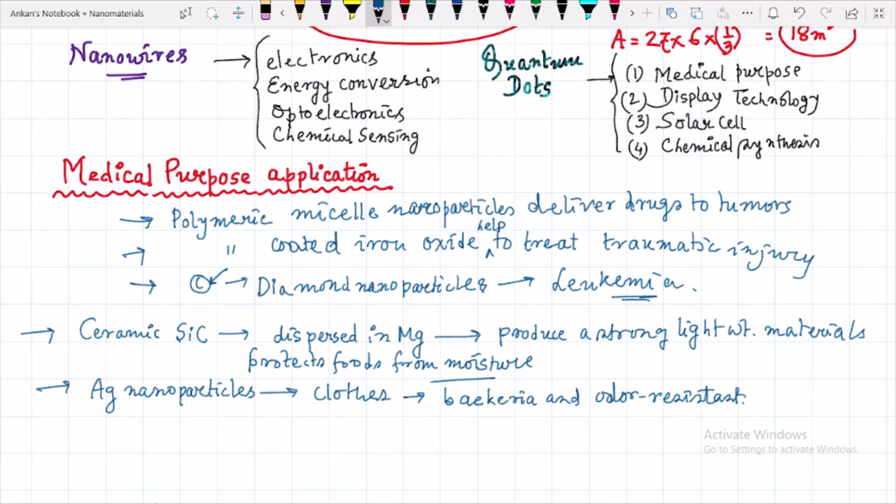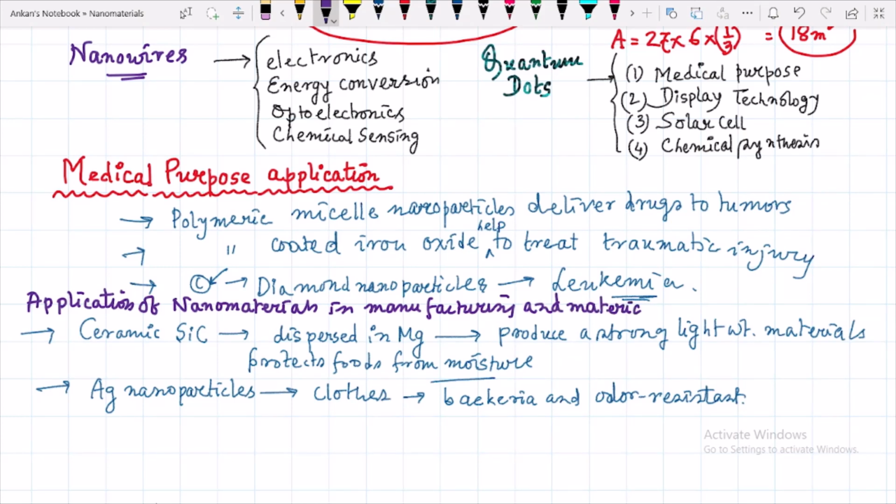This is the important application of silver nanoparticles. So the article is the application of nanomaterials in manufacturing and materials.